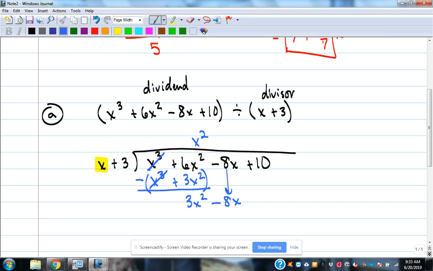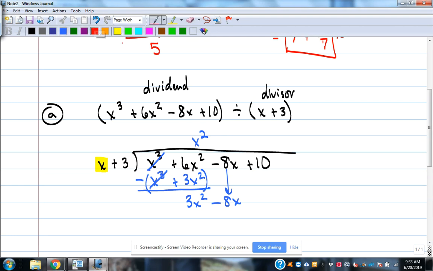All right, the next step is, again, start with the front piece. Look at the x. But we're going to say, what times x will get me 3x squared? 3x, that's right. So I'm going to put a positive 3x up here.